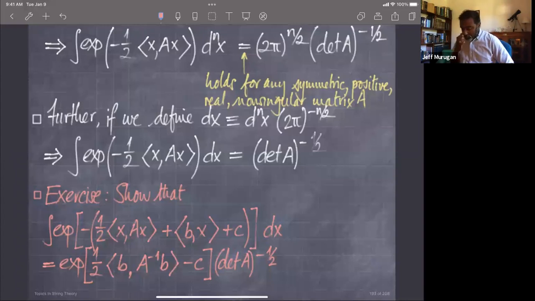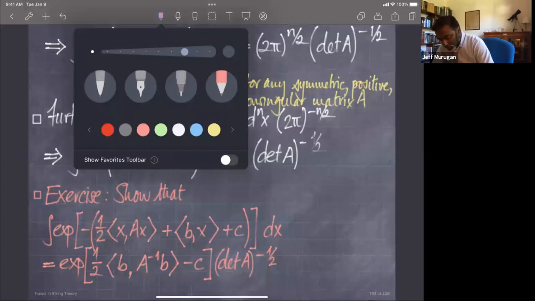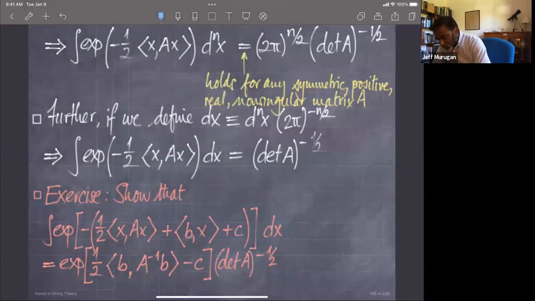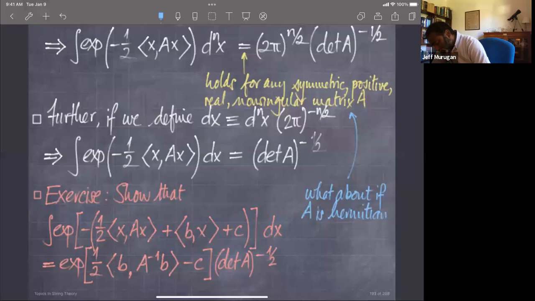So the question is, what about if A is Hermitian instead?